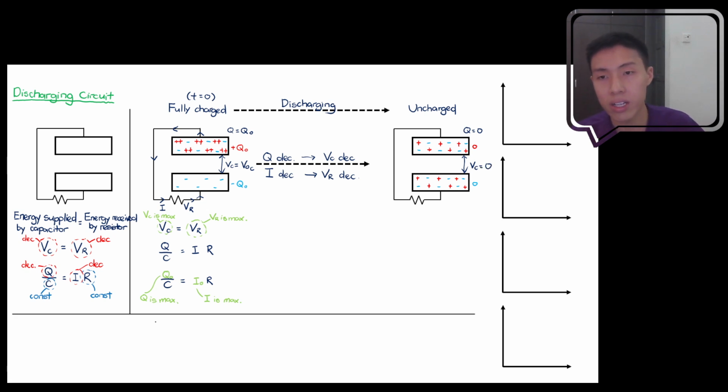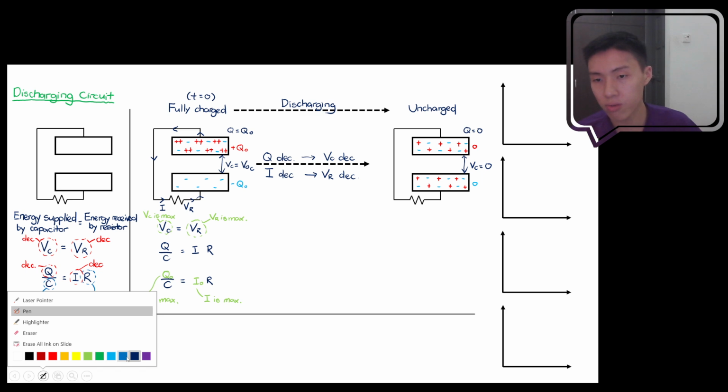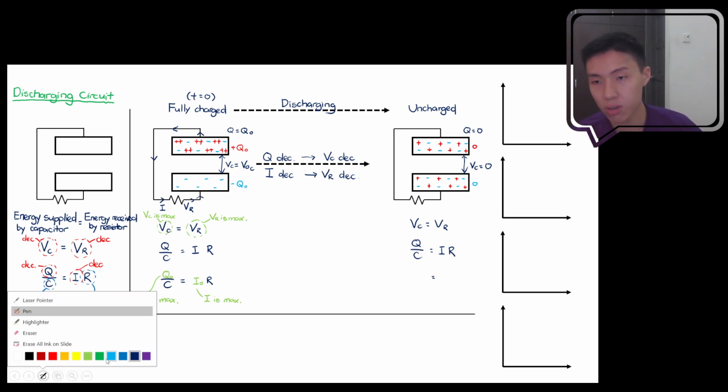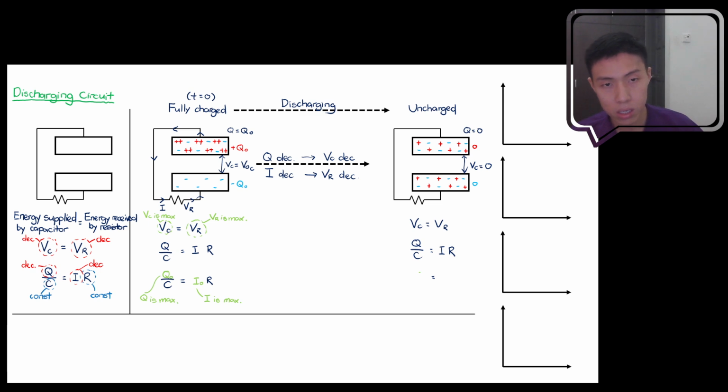Okay, so analyzing using the same equation, which is VC equals VR. What happened right now is everything dropped to its minimum, which is 0, right? So you should expect that if you open it up into Q over C and IR, the Q has already become 0 and I has already become 0 as well. Okay, so what happened is your charge has gone to a minimum.